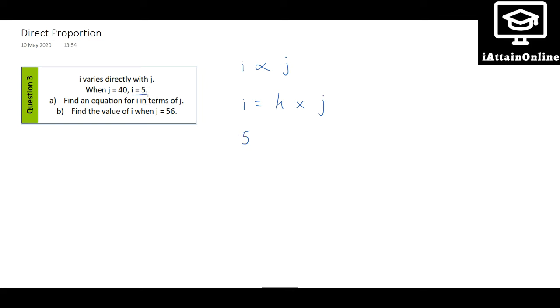Careful here, I is 5, times J, which is 40. So 5 is equal to 40k. So to find out what k is, it's not 40 divided by 5. If we divide both sides of this equation by 40, I'm going to get 5 over 40 is k.